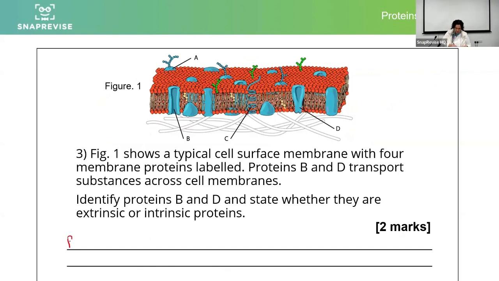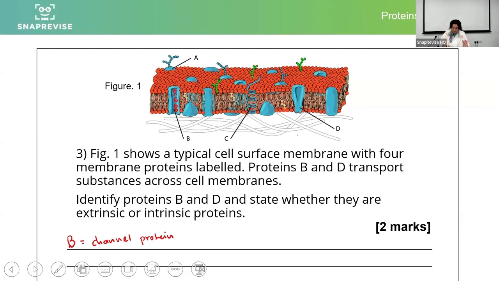B is a channel protein. How do I know that? How do I know that it's a channel and not a carrier protein? Because I can see that it has this kind of lumen or pore here, and I can see that this is just open.